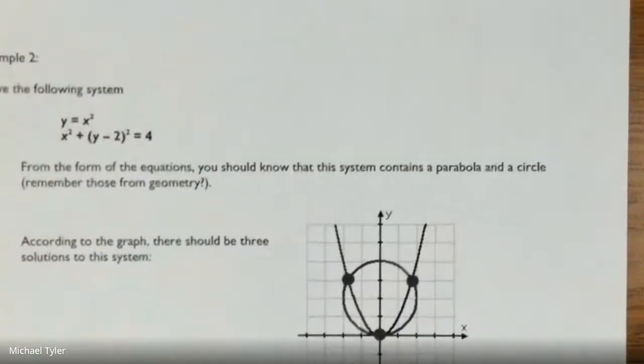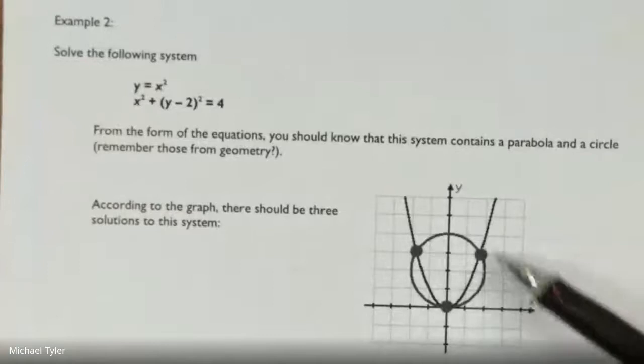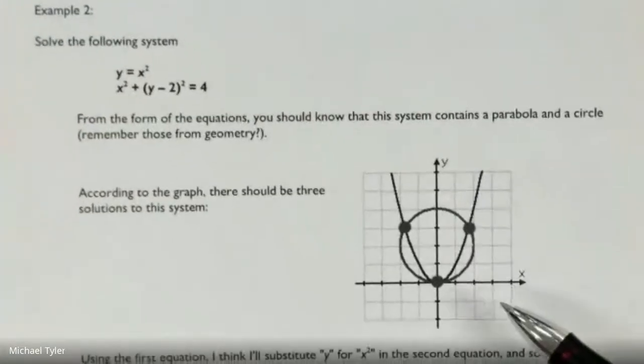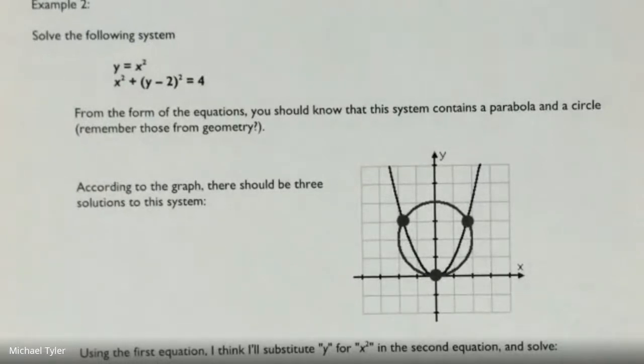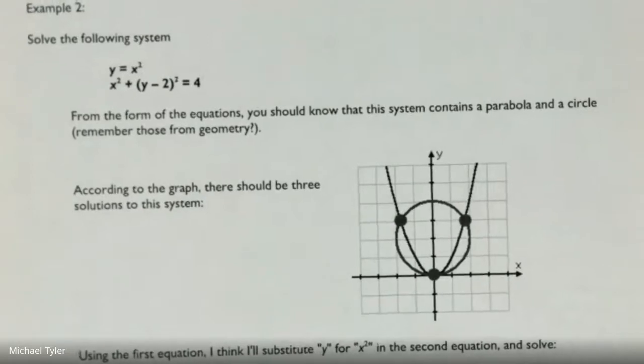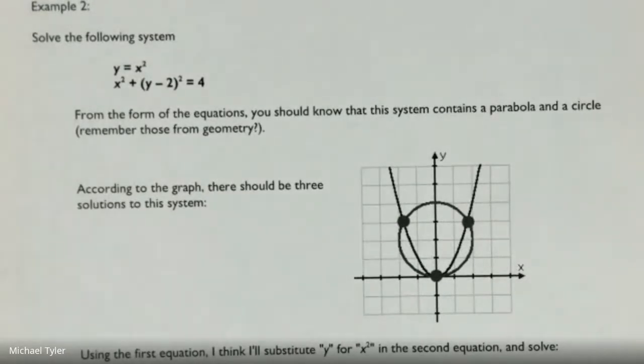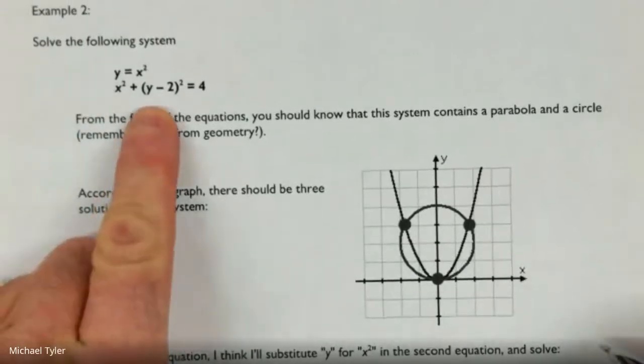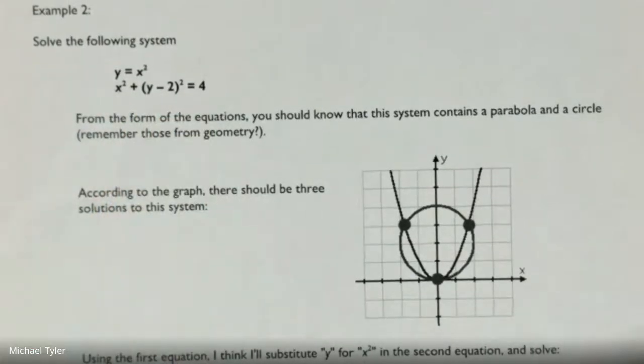The reason I picked this one is because in the notes, the one that's online, they actually give you a graph, so we can make sure our answers are correct. Now notice here, this function's a circle, right? There's a y squared there, so that changes everything.